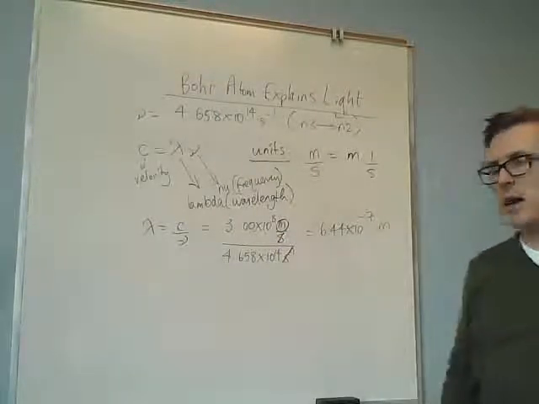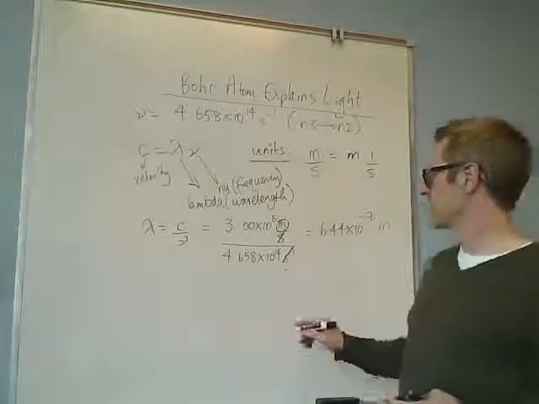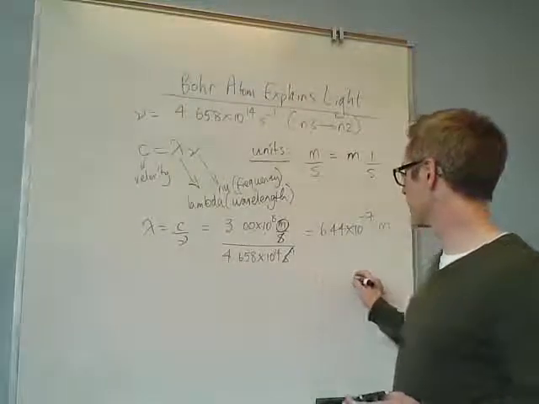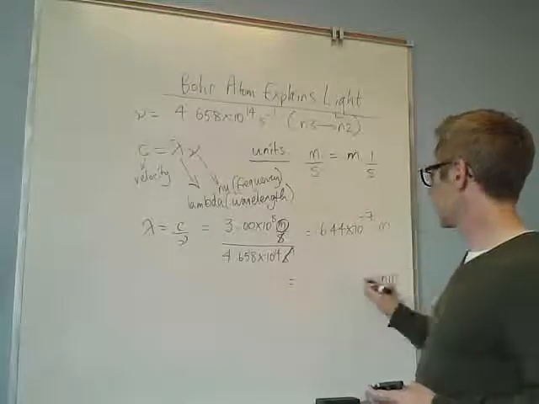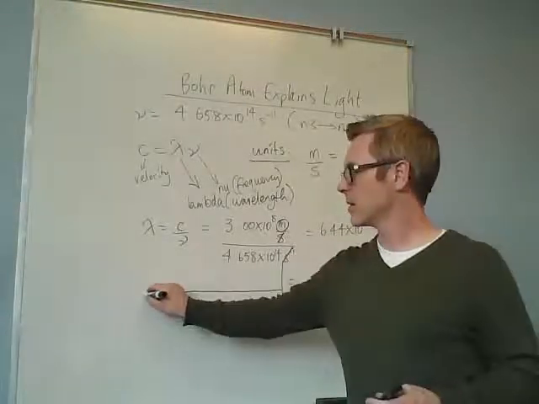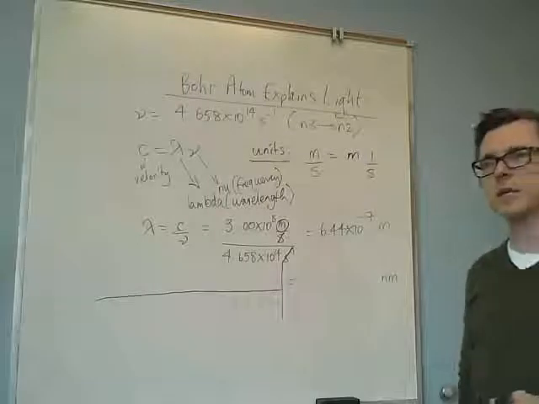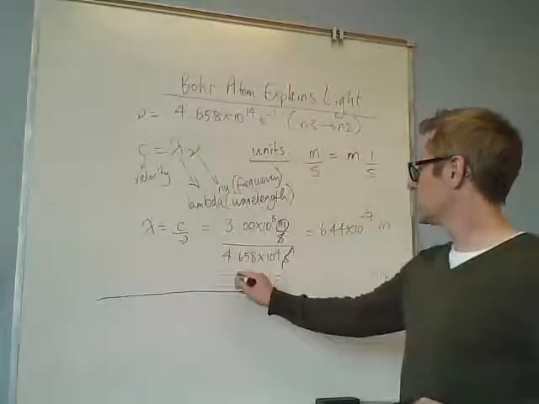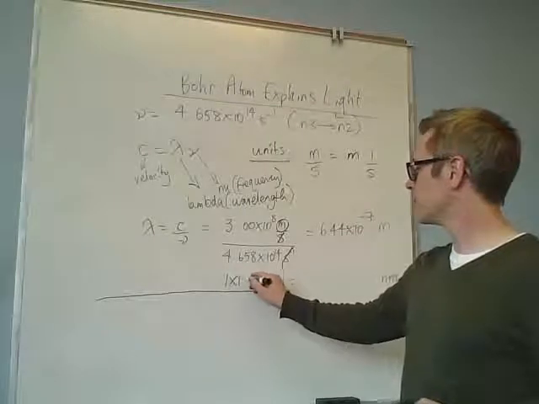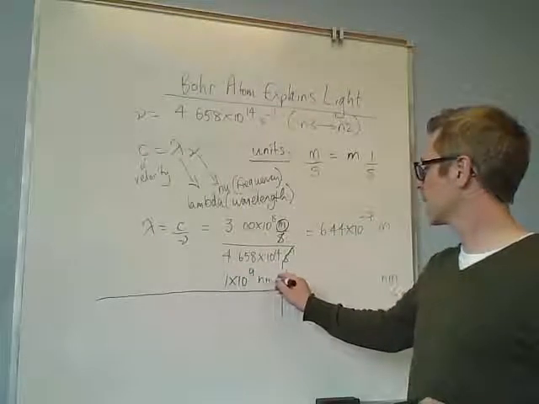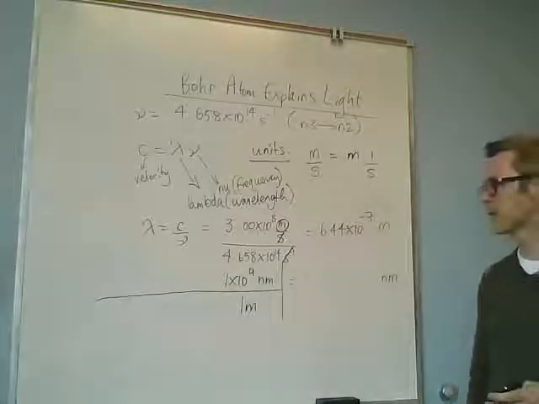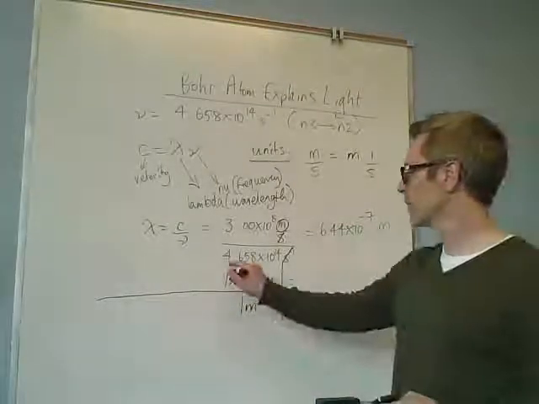Typically, when you look at a chart, it's converted to nanometers. So let's do a dimensional analysis. Remember, from your metric system, a nanometer is a billionth of a meter, or 10 to the -9 meter. So 10 to the 9 nanometer is 1 meter.